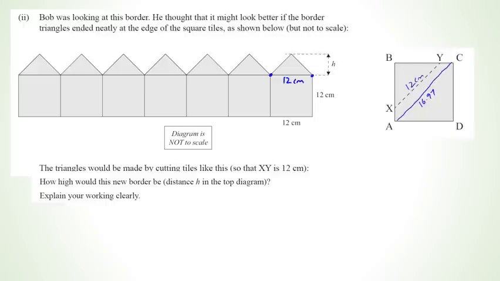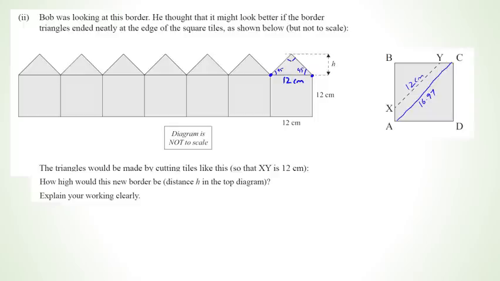Now you can do the same thing as we did in the previous question, but like I said, you know that this is going to be 45 degrees because this is 90 degrees and it's an isosceles triangle that you're dealing with, so that's going to be 45 and 45.